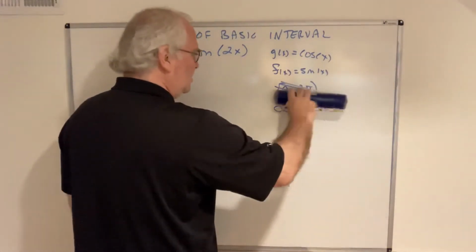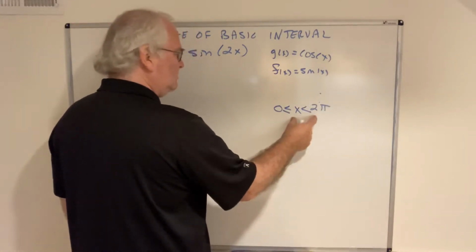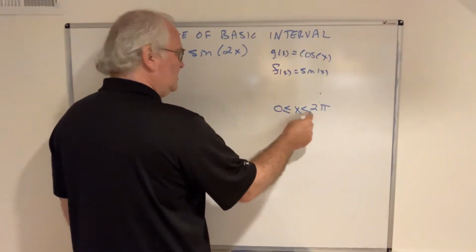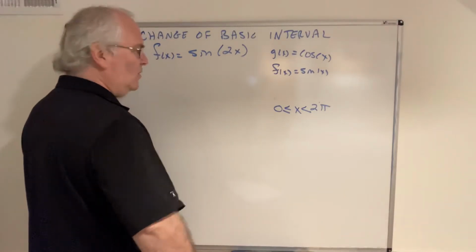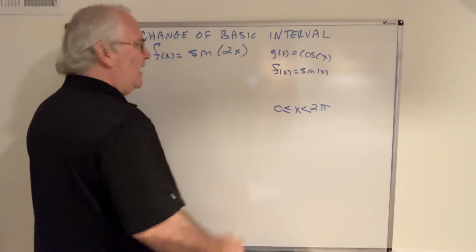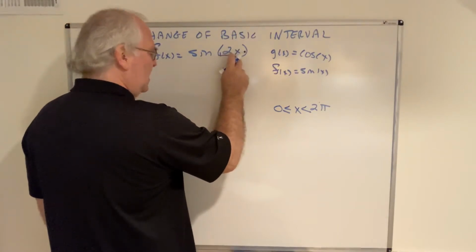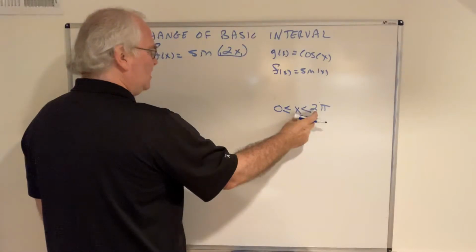We will not use the interval notation. We will use this notation along the number line. Now, if there is anything in these parentheses other than x by itself, this is the procedure.